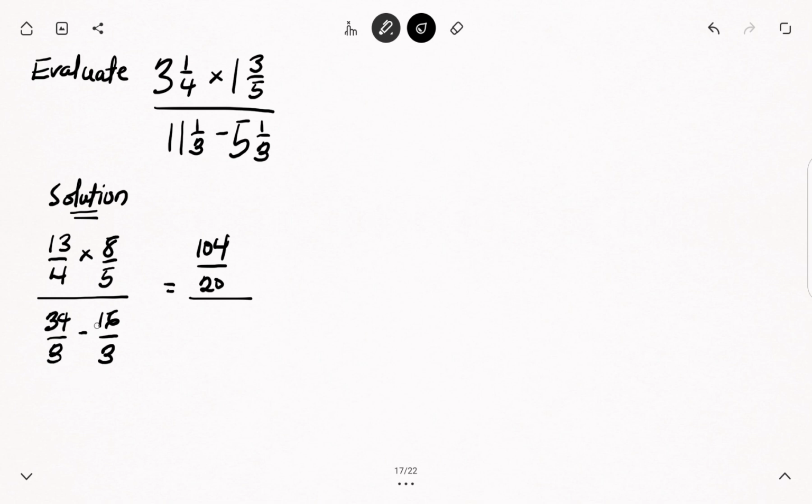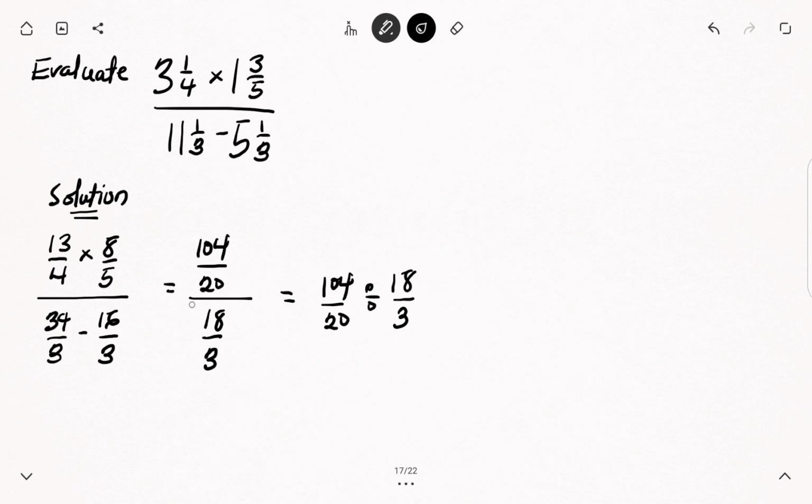So I'll just subtract the numerators. So 34 minus 16 will give me 18 on 3 over here. So this is now equal to 104 on 20 divided by 18 on 3.